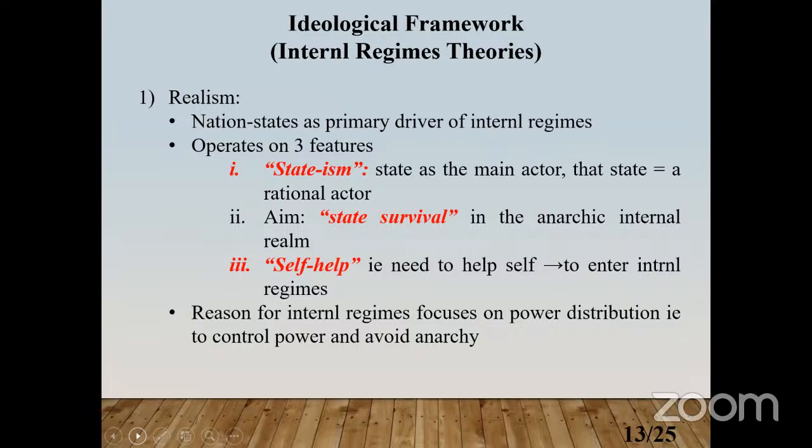The second feature in realism as a theory of international regime is that we ask ourselves, what is the aim? So realism explains that the aim of international regime is to guarantee the state's survival. So realism will paint a picture of what we call a Hobbesian state of nature, which is a state of anarchy, a brutish state, and would argue in order for the state to survive, it must actually accede itself to this international regime so that it is protected by that regime.